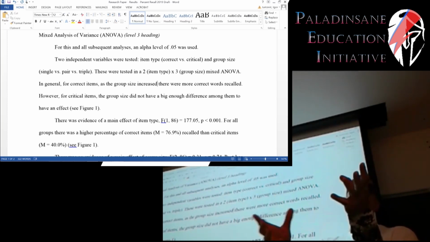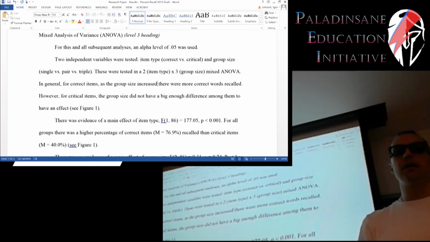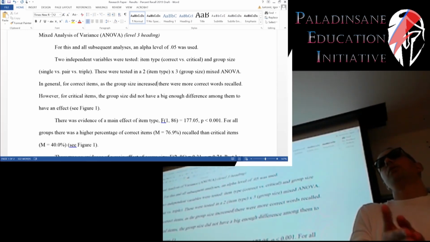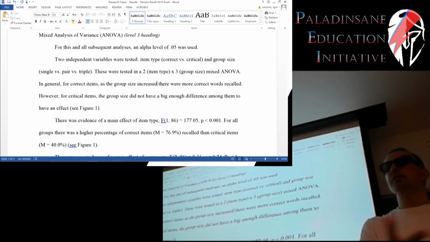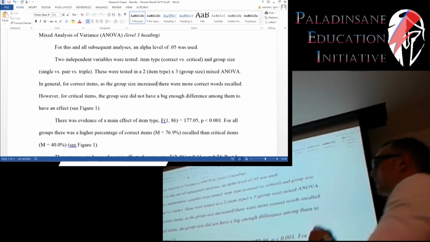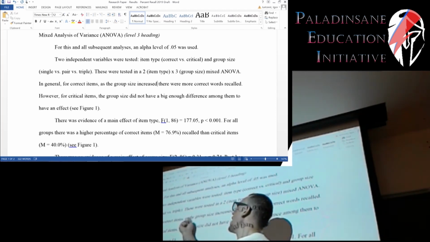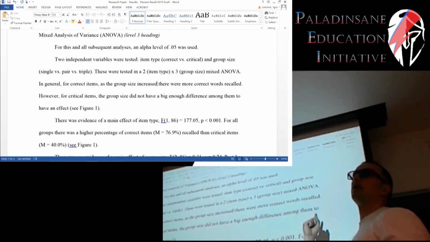And positive correlation is a statistical kind of term. So if there is one way to communicate that a little bit more effectively, let's see if we can do that here. So we go as group size increased, and then we go more correct words recalled.